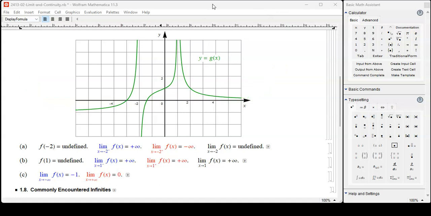Or, if this thing goes down like this, then we'll have to write negative infinity. Make appropriate adjustment.